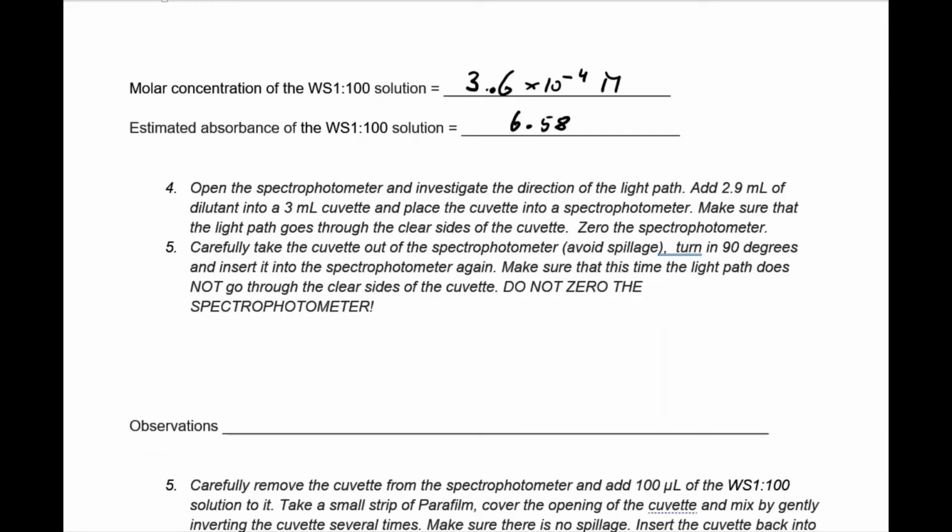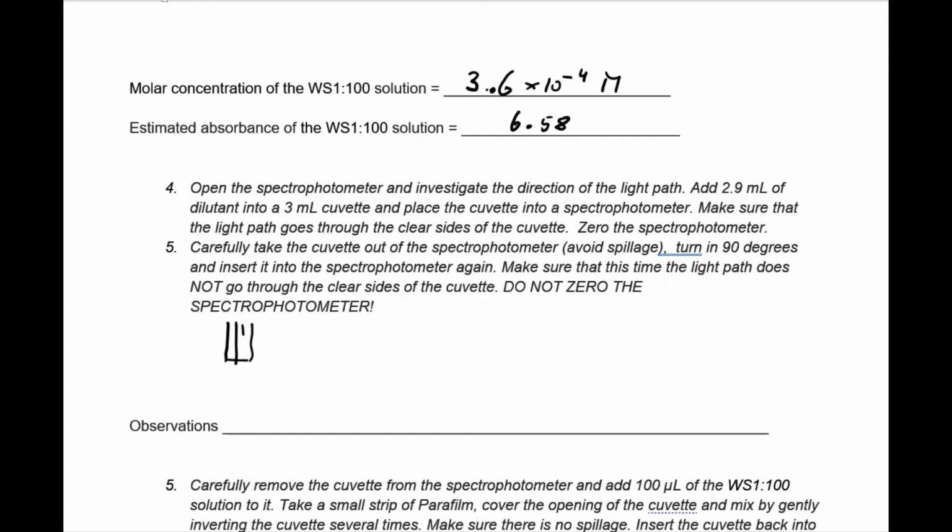In this part of the experiment, I wanted to demonstrate that it's really easy to figure out which way around a cuvette actually needs to be placed into a spectrophotometer. So I said that the cuvette has basically two different sides in a way.